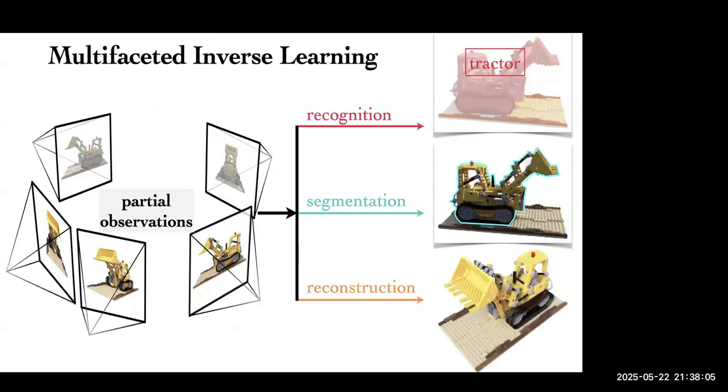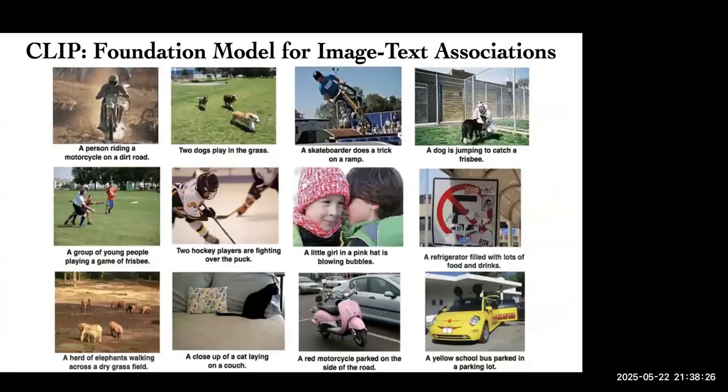Or the 3D model of the scene. So the dominant way of looking at this problem of seeing is multifaceted inverse learning. We have partial observations in terms of 2D images, and we want to recover things that exist in the 3D world external to our perception.